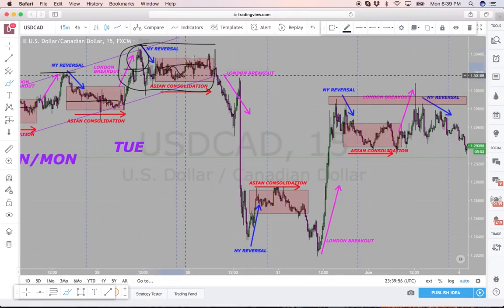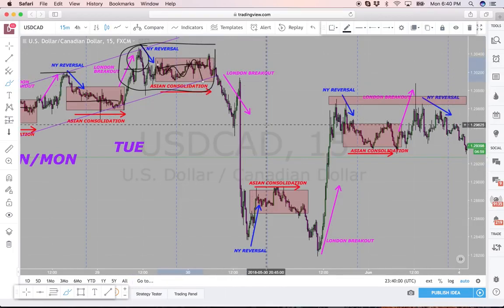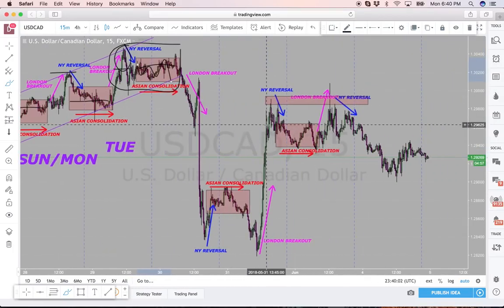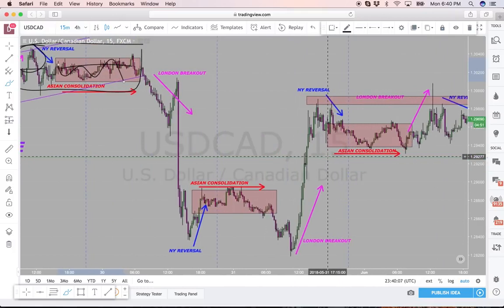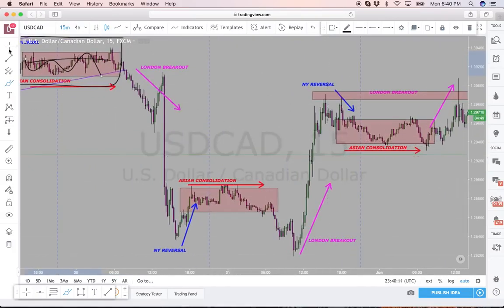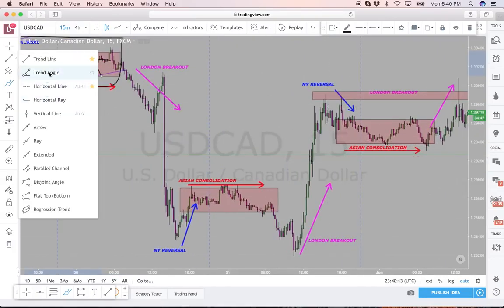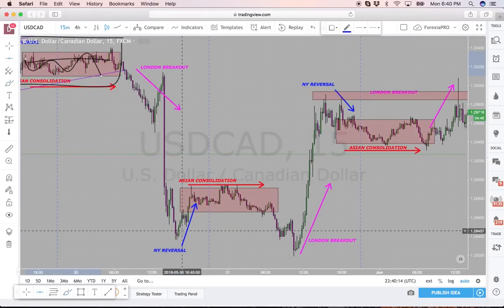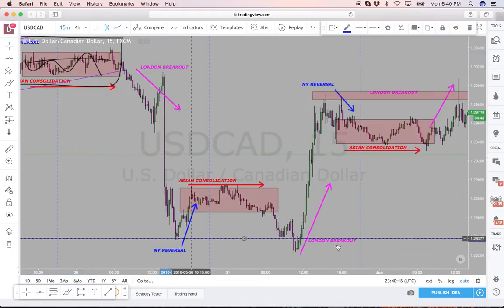Asian session consolidation, London breakout. It's the same thing, very repetitive, you guys, but it's what market structure is. And a lot of people do not teach this, and it's the most important thing that should be taught. Market structure. Take your indicators off.